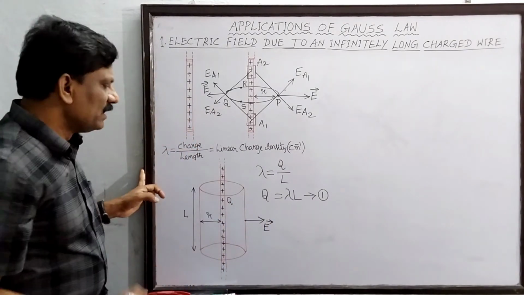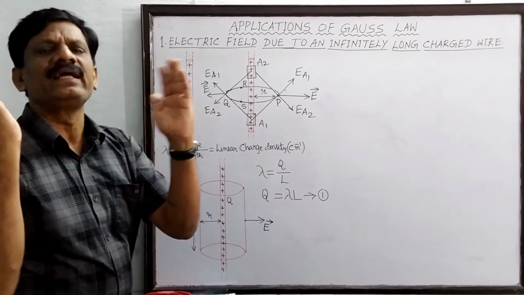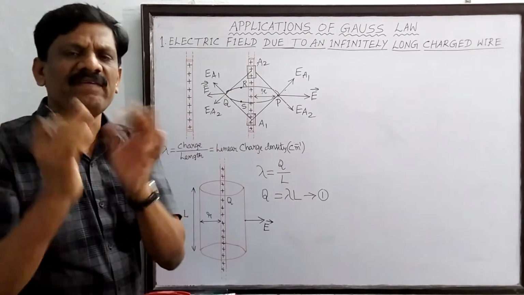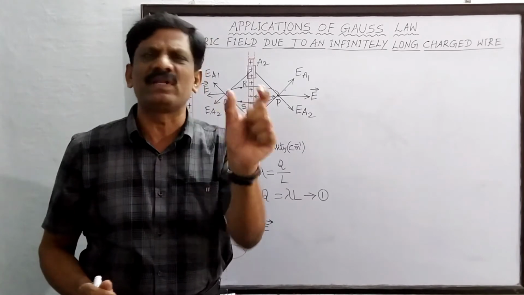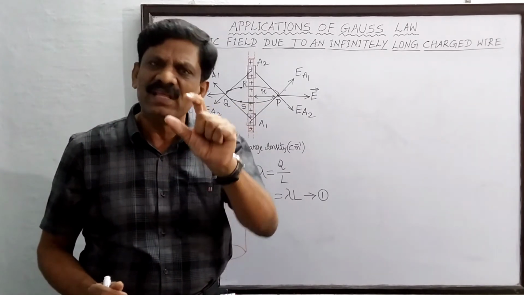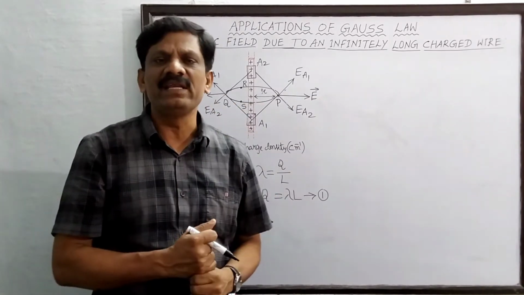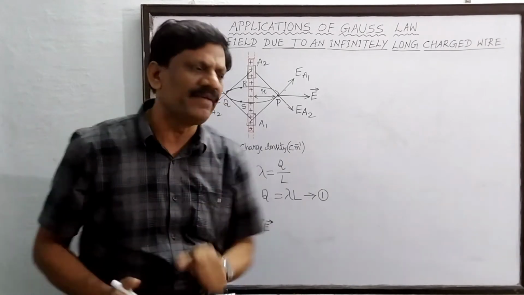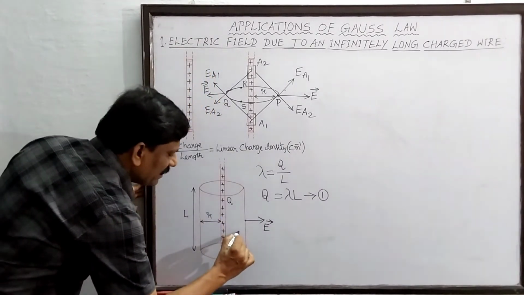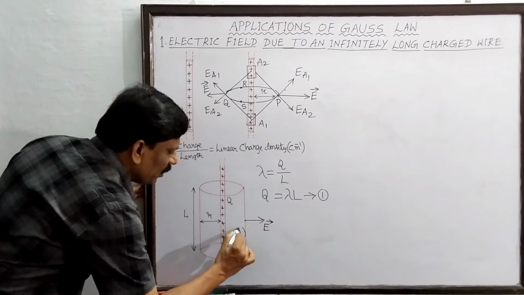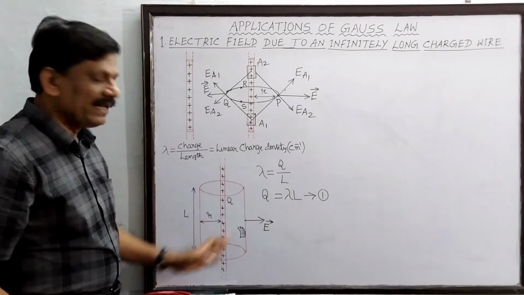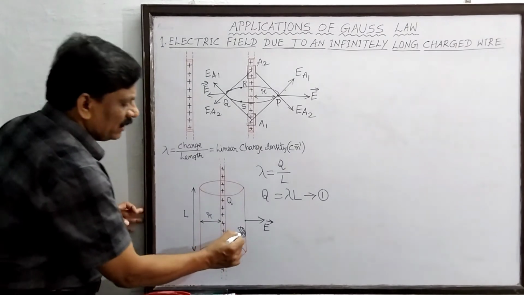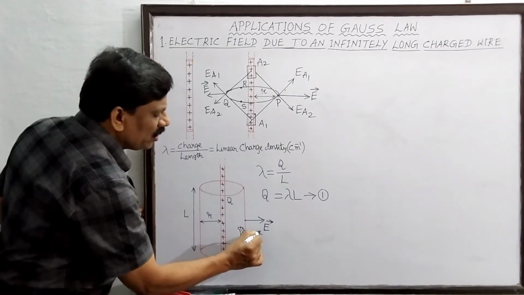Okay, students? Similarly, on the entire lateral surface, I will consider a small elementary area only. A portion of the total surface area is called an elementary area, and it is denoted by the symbol dA vector. So I will consider a small elementary area like this on the lateral surface.